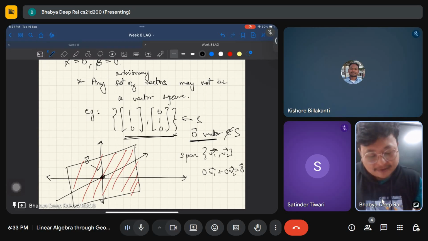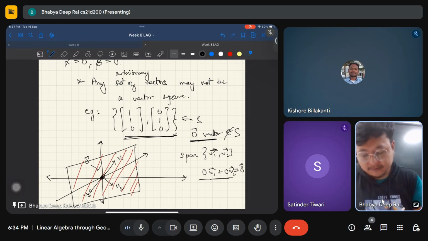There should be a linear combination of v1 and v2 that is equal to 0. In other words, if I have a set of vectors v1, v2, v3, and so on, which are on this plane.